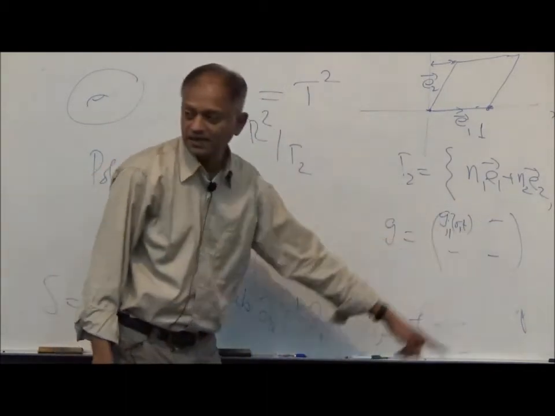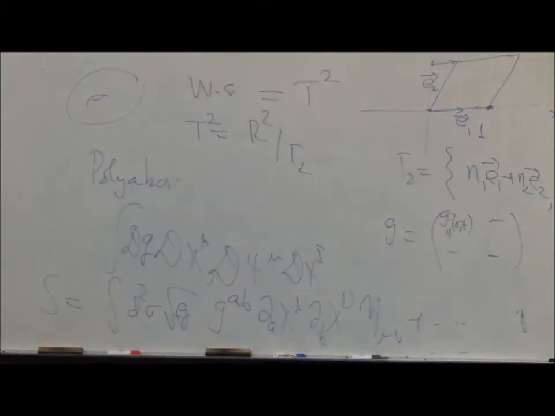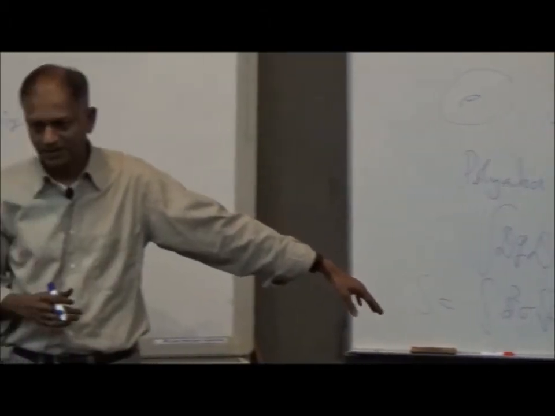But they're symmetric, so there are three functions inside. But you have 2 local diffeomorphisms in the worldsheet, so 2 of these functions you can get rid of using diffeomorphisms. That leaves 1 function, but then you also have the Weyl invariance, local scaling, which removes another function. So you get rid of all 3 functions.